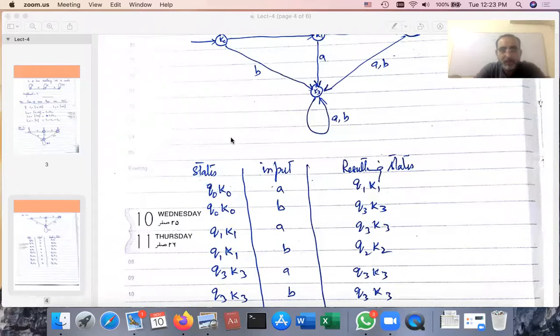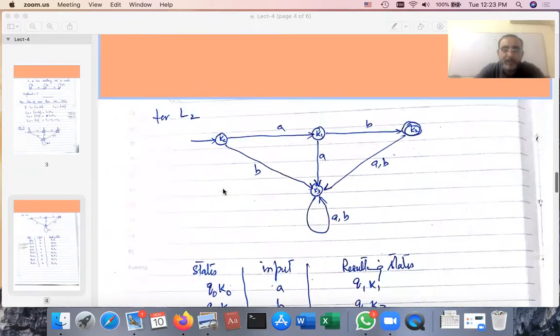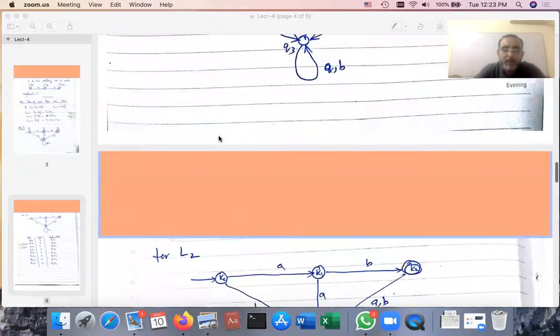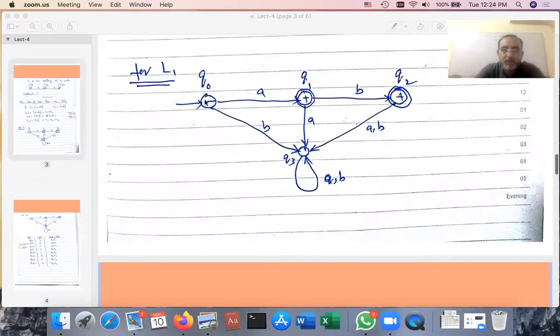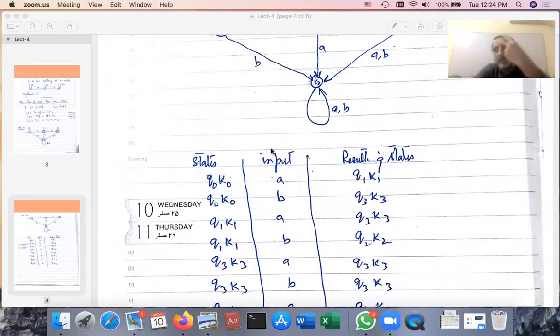So now let's have a look over this. You are taking these initial states Q0 from the first DFA and K0 from the second DFA. So you are mentioning this Q0, K0, and now you have to consider the alphabets A and B, two inputs.